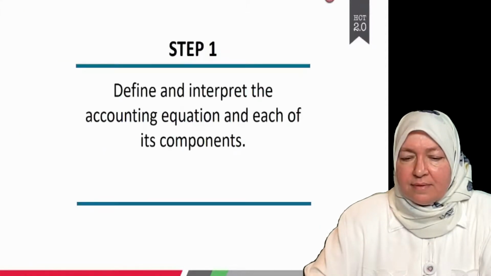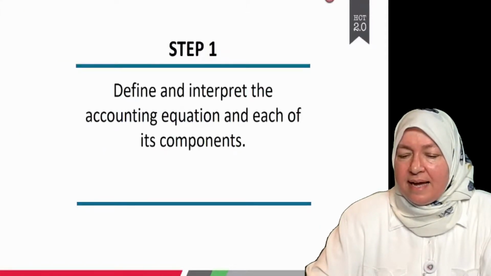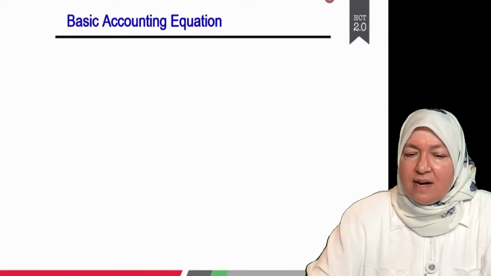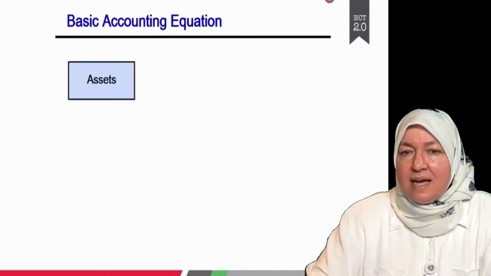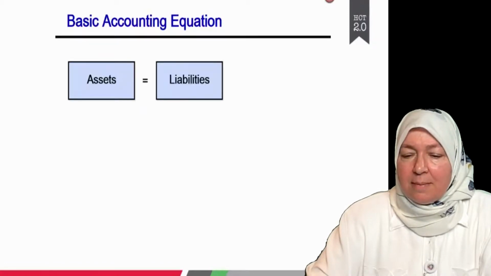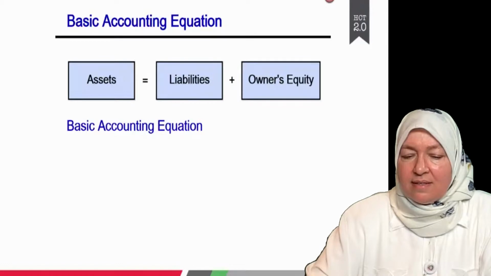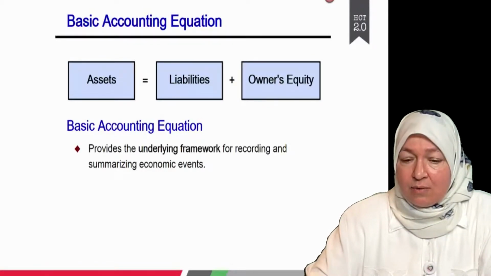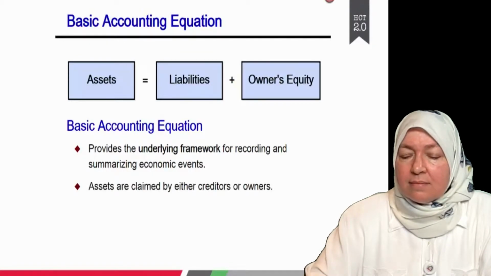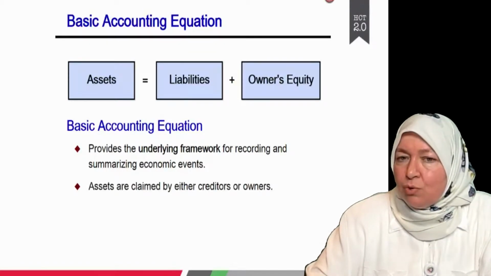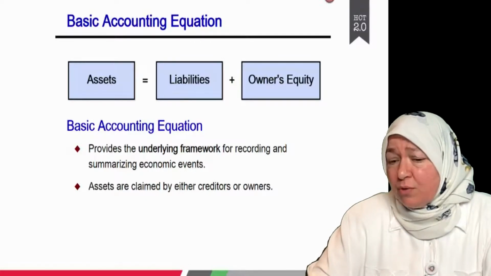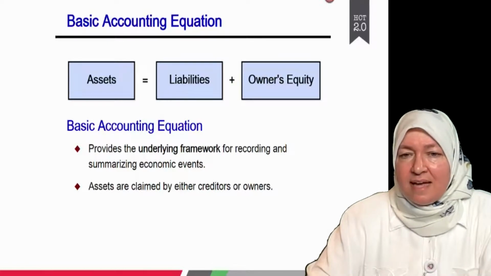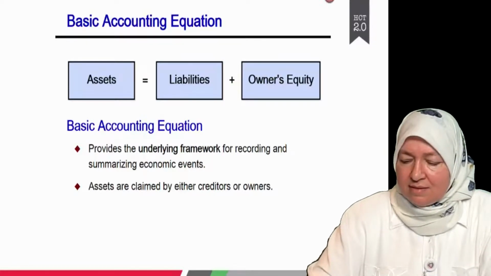First step, define and interpret the accounting equation and each of its components. We'll start with the basic accounting equation: assets equals liabilities plus owner's equity. The basic accounting equation is the underlying framework for accounting, and assets equal liabilities and owner's equity because they are claimed by others, by creditors and owners, against assets.